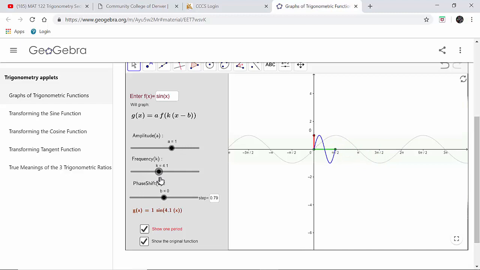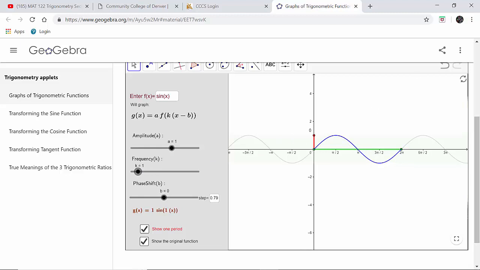The period gets smaller, like that. Okay, if I take it less than 1, then it starts stretching. So when that number gets between 0 and 1, it starts stretching.